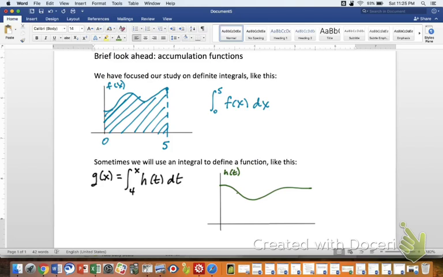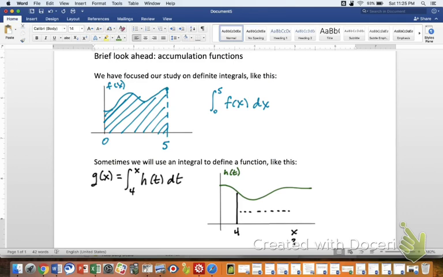Well, g of x would simply be the accumulation of y values from 4 out here to some unknown x. Where is that x located? It could be located anywhere, really. And depending on what it is, we'd be accumulating y values in different ways.